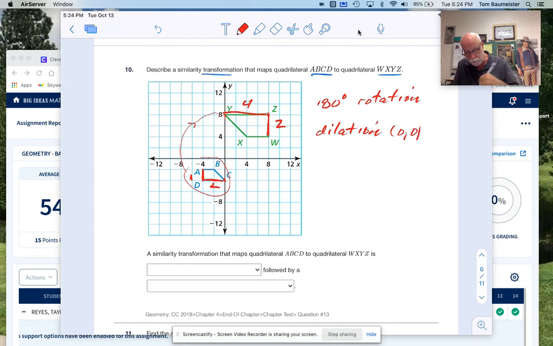And since it got bigger, we went from 1 to 2, we went from 2 to 4, so it should be a scale factor of 2. And it looks like you'll drag those down and put the answer there.